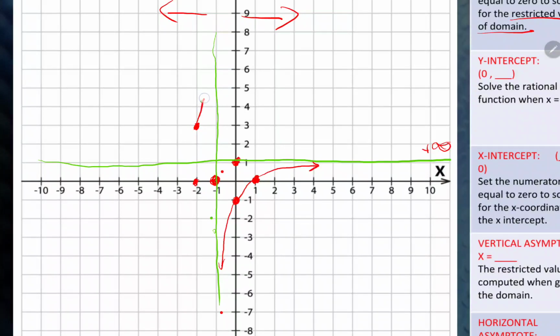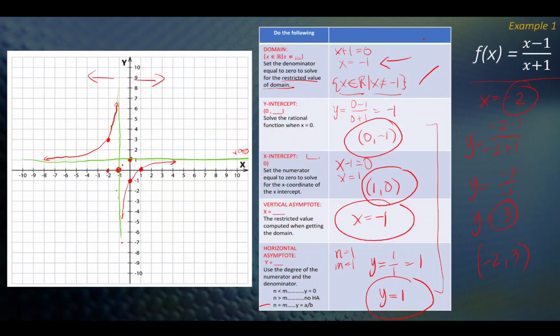So we have to show the property of the asymptote, that it just goes closer to the vertical and horizontal asymptotes, but it will never be equal to that value. So here we are.